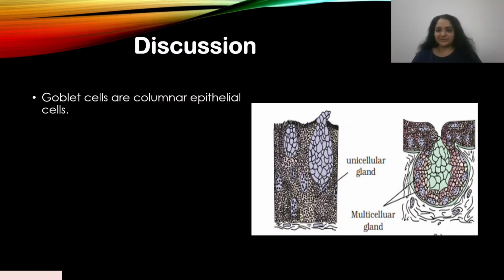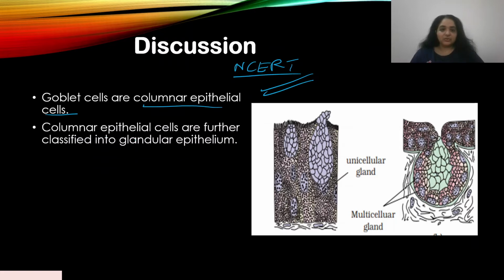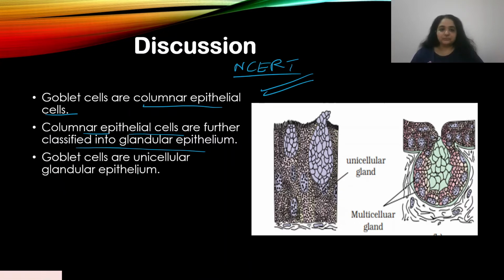Okay, so here you have a diagram directly taken from NCERT. And goblet cells are columnar epithelial cells. Now these modified columnar epithelial cells are also known as glandular epithelial. So columnar epithelial cells are further classified into glandular epithelium, and goblet cells are unicellular glandular epithelium.